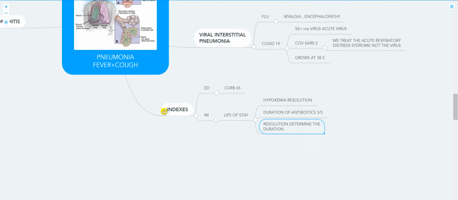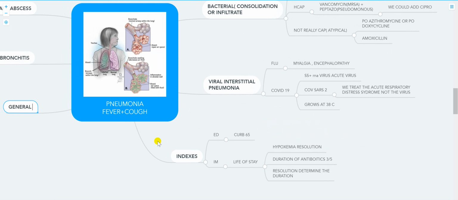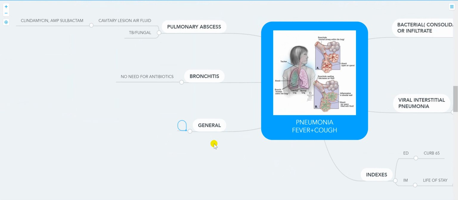In general management, usually ambulate early. Try to ambulate them. You can advance the diet, and if you find sepsis, you've got to try to lower the fever, give them something for the fever. Hypoxemia may linger, and sepsis could worsen the hypoxemia.